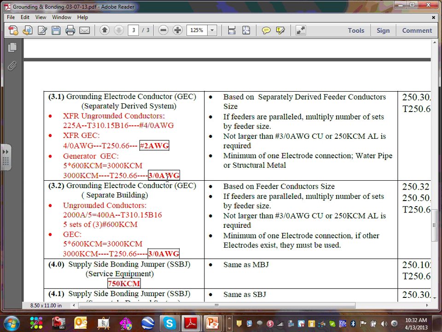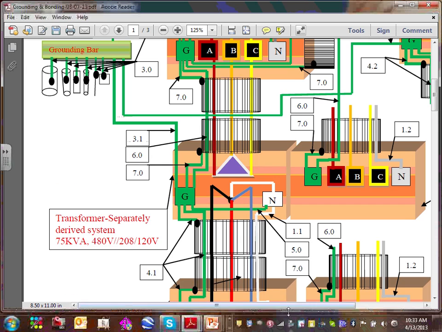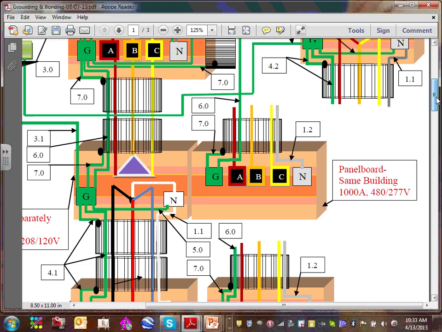When you have a complete holistic grounding electrode system for your building, a lot of people have a ground ring up to 500 kcmil around the whole building, tying it to the steel of the building, with a couple of grounding electrodes on ground rods, tying all together and bringing a 500 into the copper bar, and then start tapping from 500. That's not uncommon to do for a system like this. But these are the bare minimum that you can size for. Okay, so that's my grounding electrode conductor.